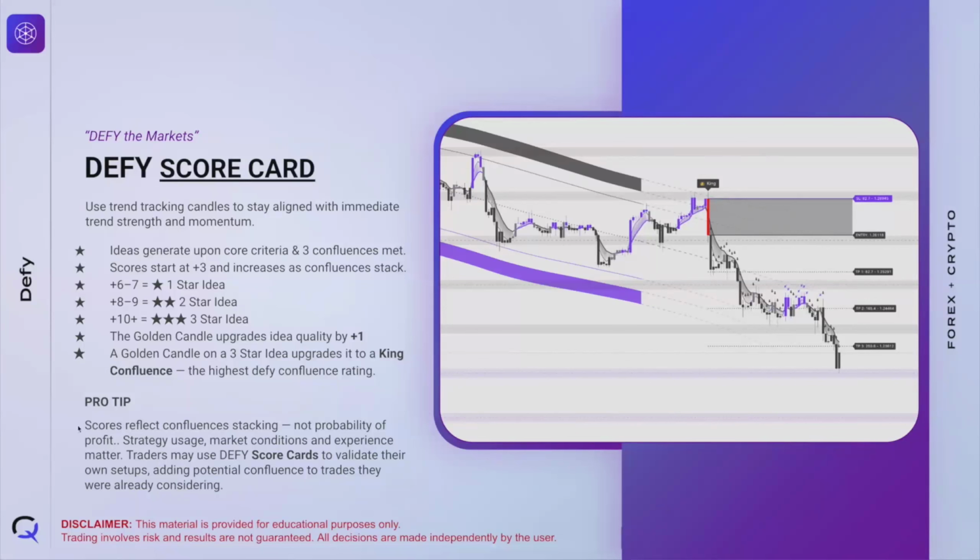Now, the pro tip is to understand that scores reflect confluence stacking, as we just discussed, but they do not represent probability of profit. So strategy usage, market conditions, and experience absolutely matters. So traders, you guys could use the DeFi scores to validate your own setups, adding potential confluence to ideas that you are already considering.